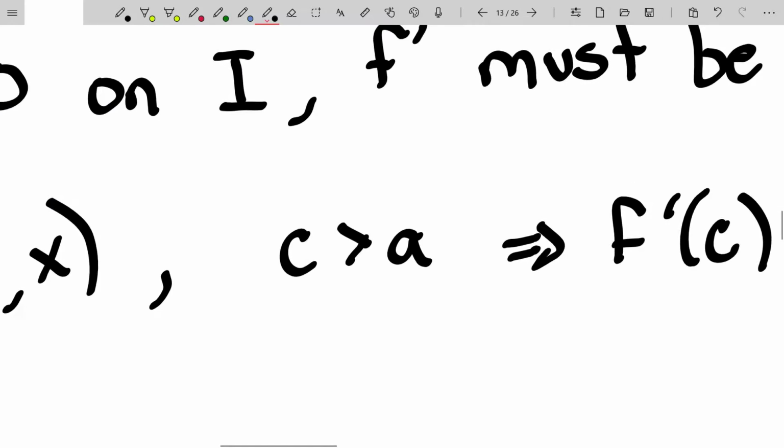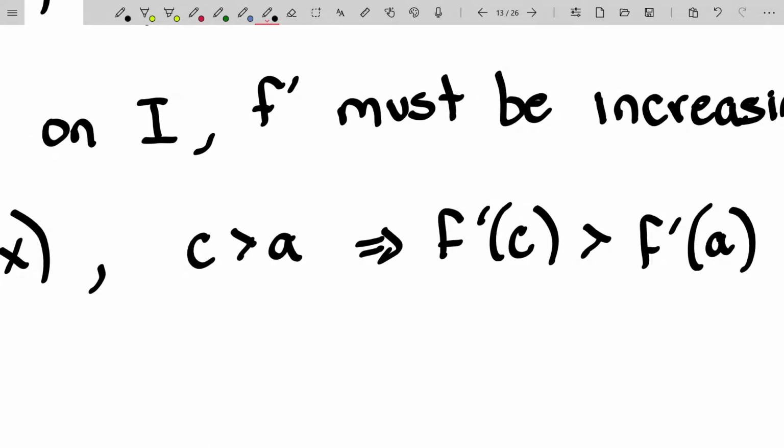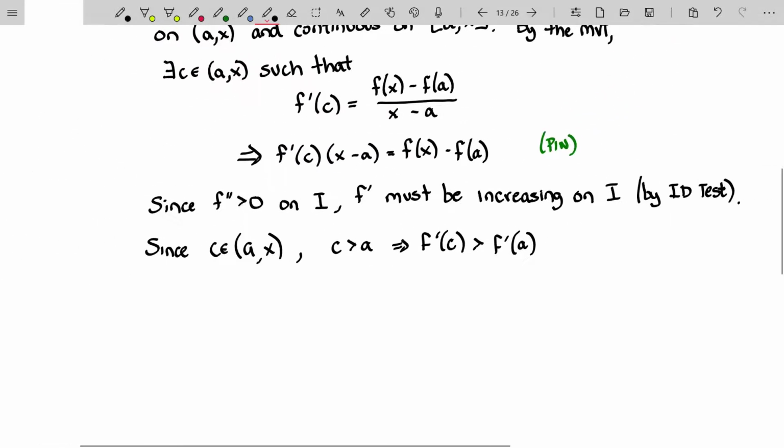If you have a number greater than another number on the number line, because the derivative is increasing, the derivative at that greater number is greater than the derivative at that lesser number. I hope that makes sense.